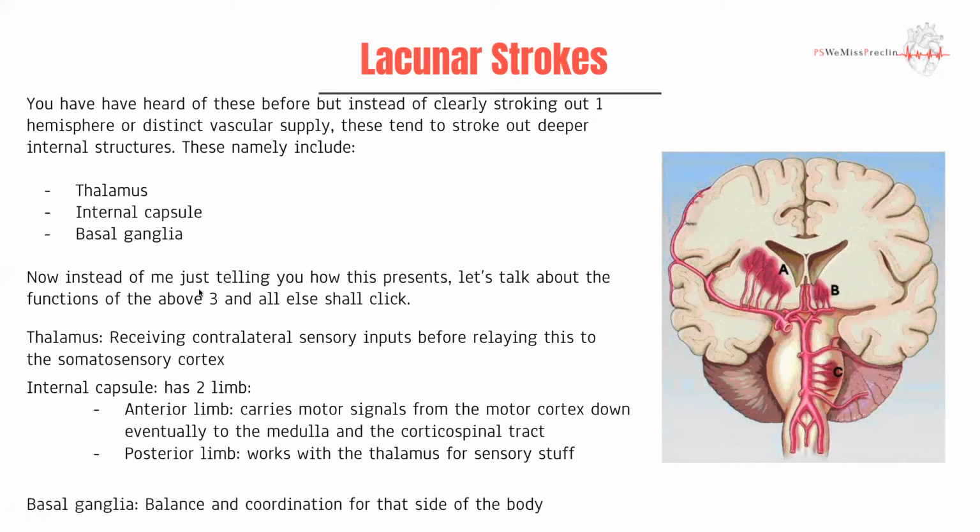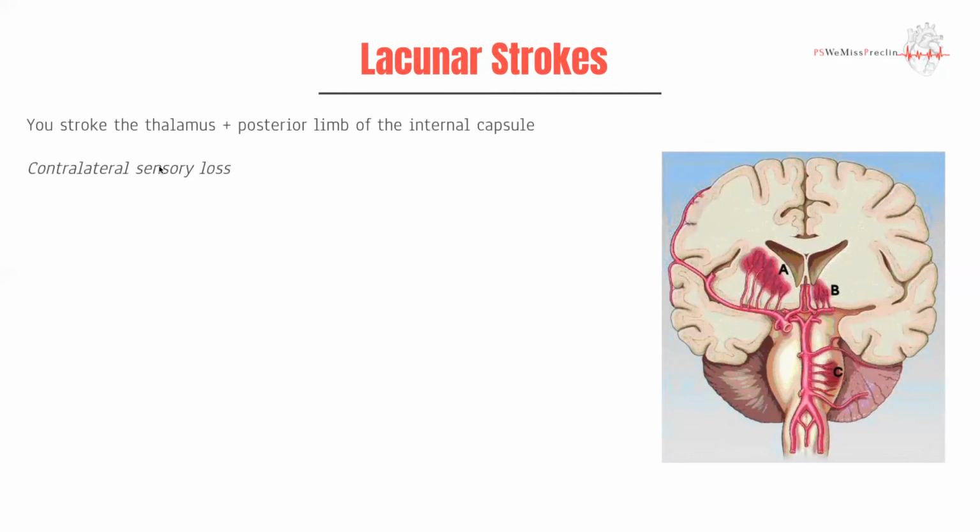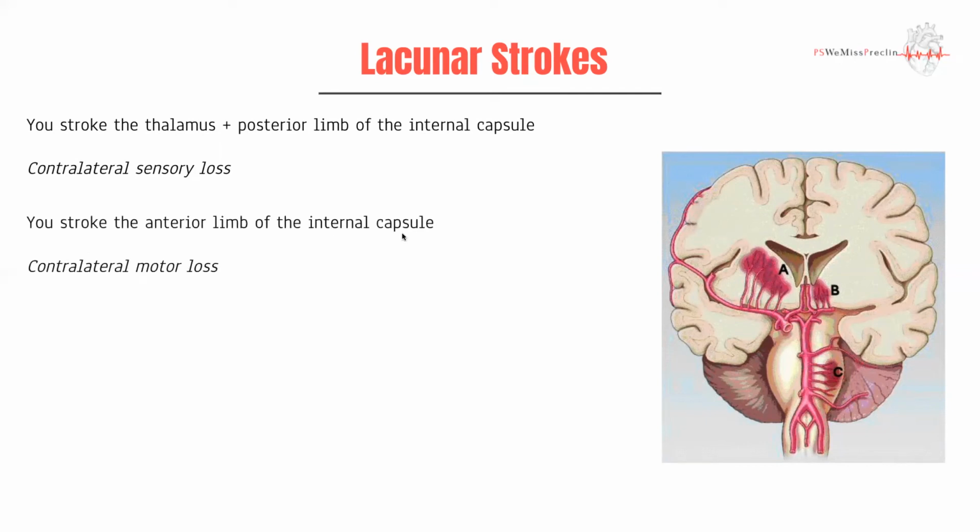So thalamus and posterior limb equals contralateral sensory loss. If you stroke out the anterior limb of the internal capsule, you would have contralateral motor loss because that's what the anterior limb does. If you stroke out the basal ganglia, you will present with balance issues on the same side of the body or on half of the body. And the weird medical complicated term for that is ataxic hemiparesis, right?